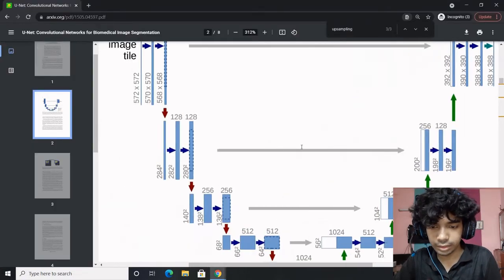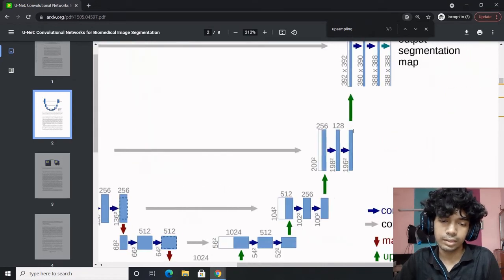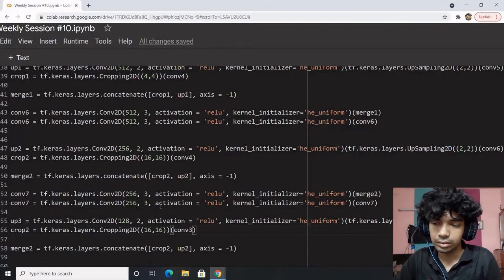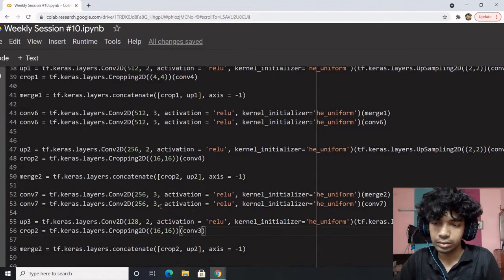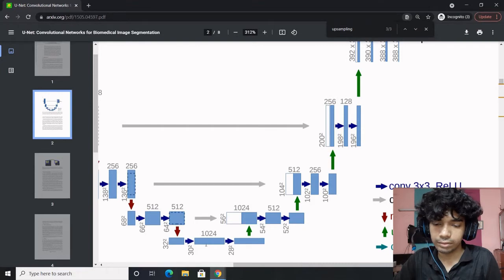This is the third part. This is convolution 3, this is convolution 4, this is convolution 5. This is convolution 6, 7. This is convolution 5. This is 4, this is 6, this is 3, this is 7.